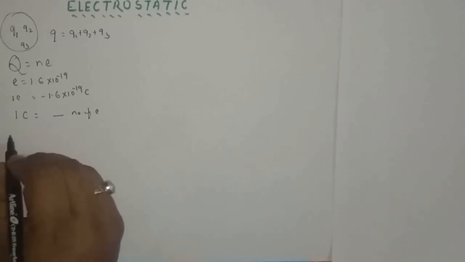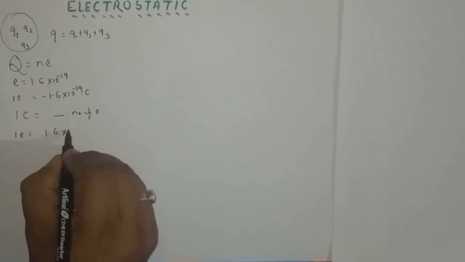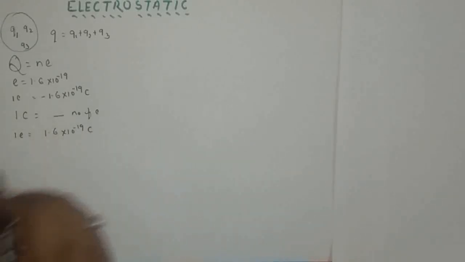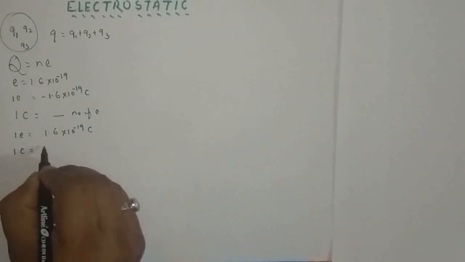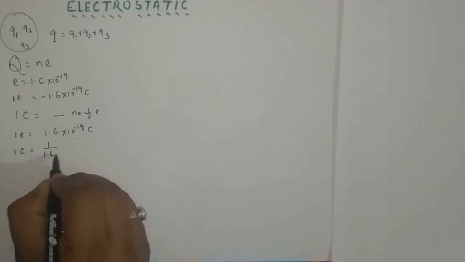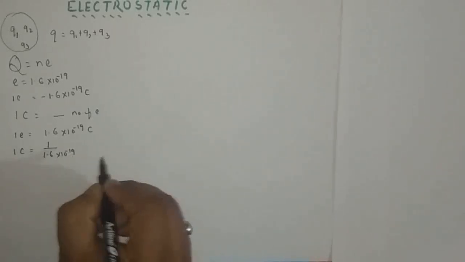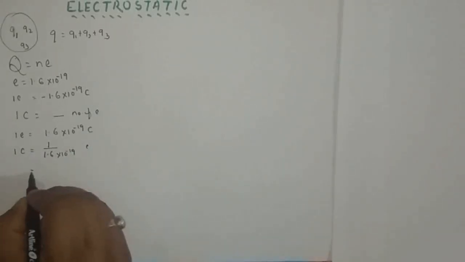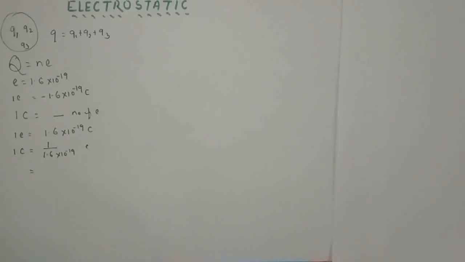Very simple. 1 electron equals 1.6 into 10 to the power minus 19 coulomb. So 1 coulomb equals 1 by 1.6 into 10 to the power minus 19 number of electrons. If you solve it, we will get 6.25 into 10 to the power 18.